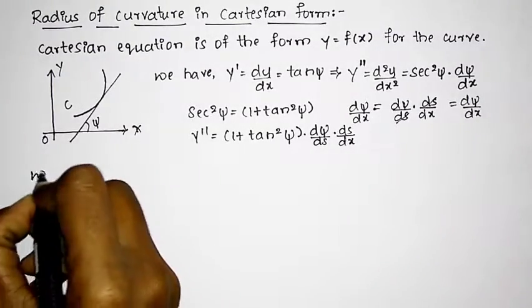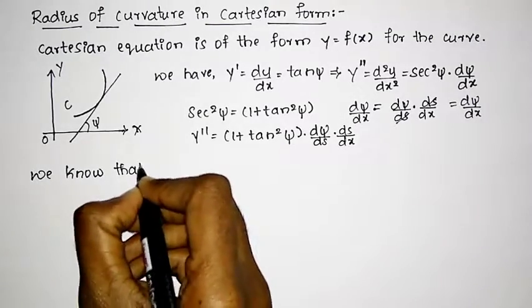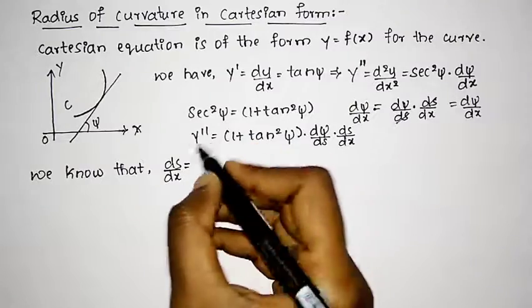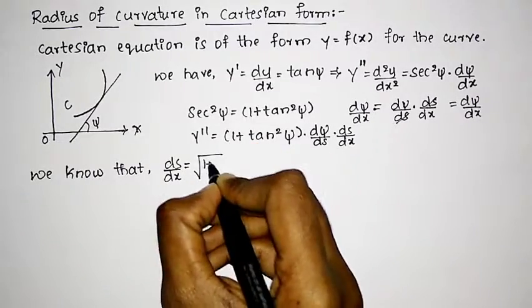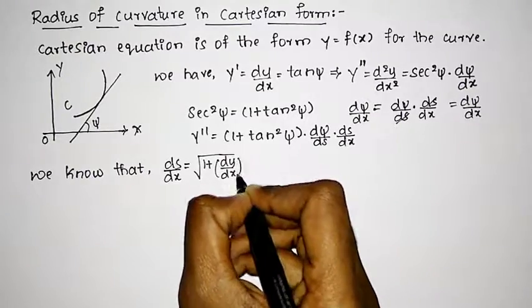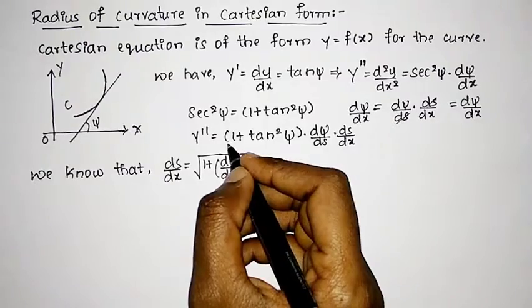And we know that ds upon dx is nothing but square root of 1 plus dy upon dx the whole square. So these are the equations of the curvature.